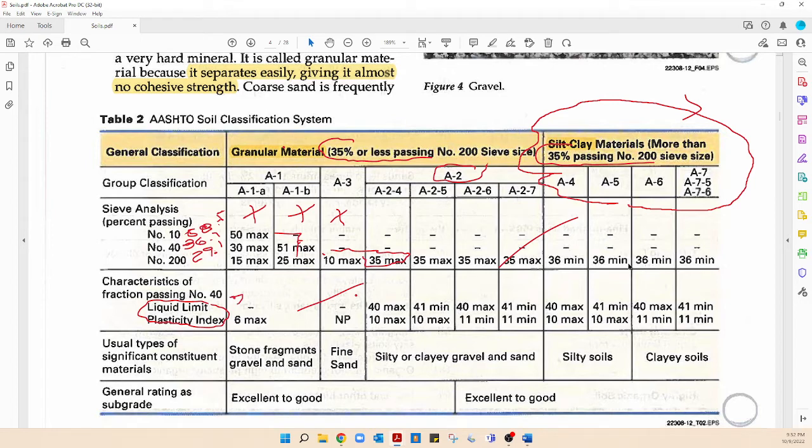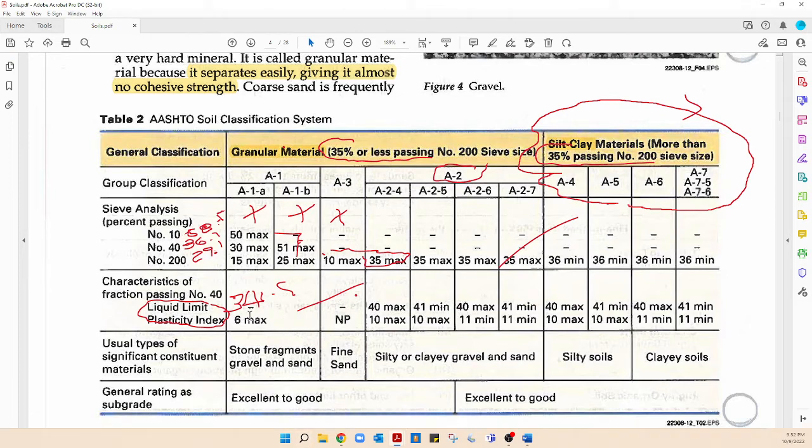The liquid limit at 34.1. Plastic limit was, I'm taking up a little too much time.